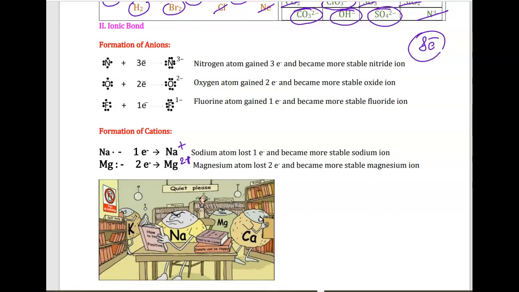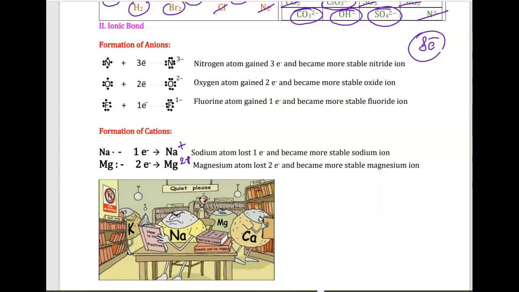We use dot structures, where valence electrons are shown as dots. Nitrogen is an element of group 5, so it has 5 valence electrons. To become more stable with 8 electrons on its outer shell, it needs to gain 3 electrons.